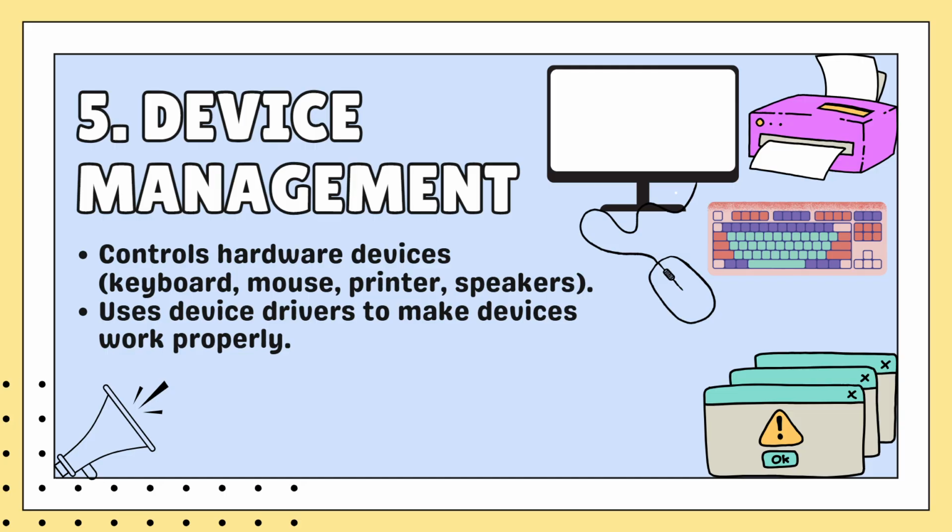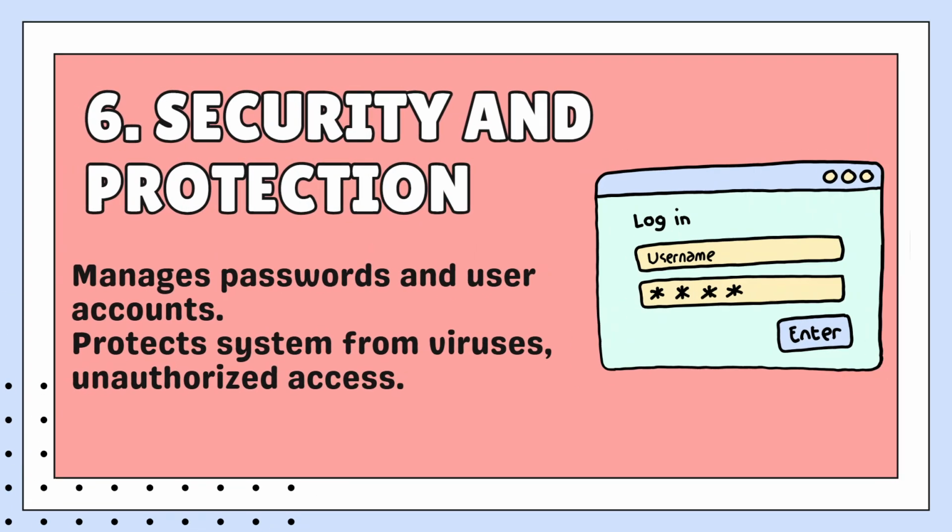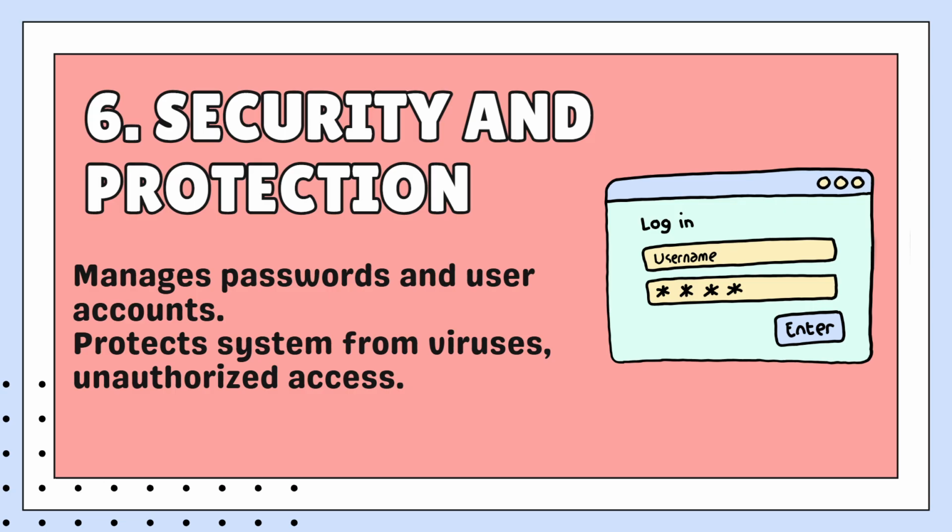And now coming to the next function, security and protection. Security and protection is nothing but the operating system protecting the system from unauthorized users and malware. Unauthorized users, in the sense, a person who is not the owner of your laptop.